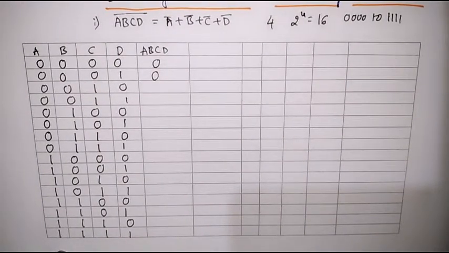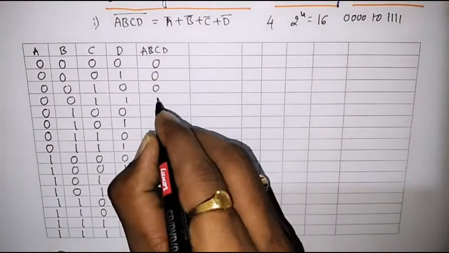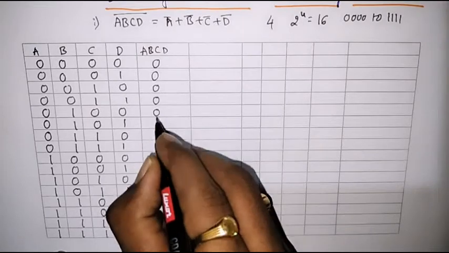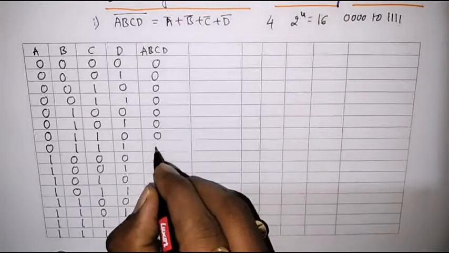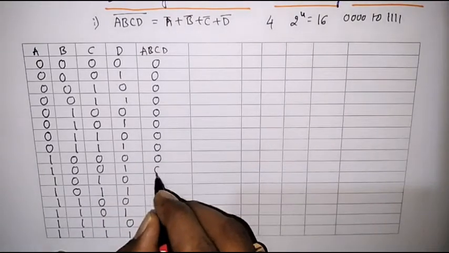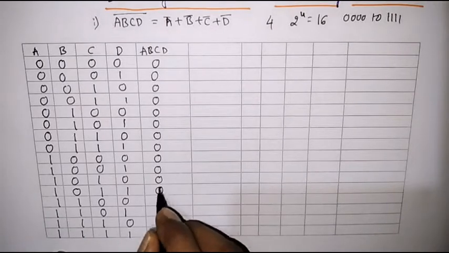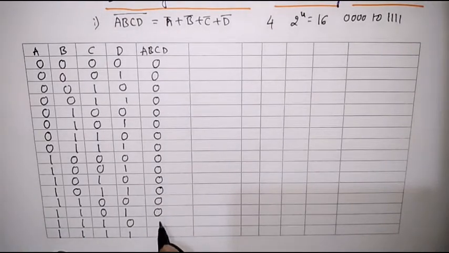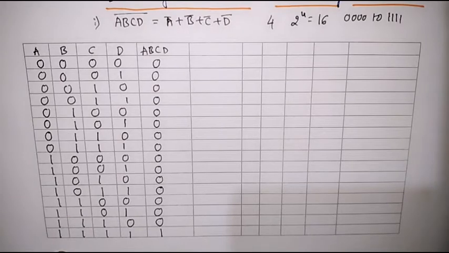If any one of the variables is 0, the output is 0. It is like an AND operation. So only when all the inputs are 1, 1, 1, 1, the output is 1.